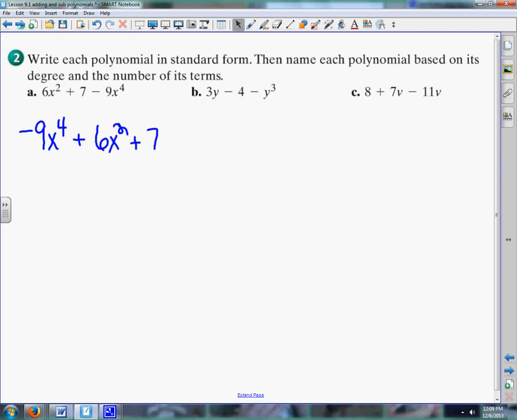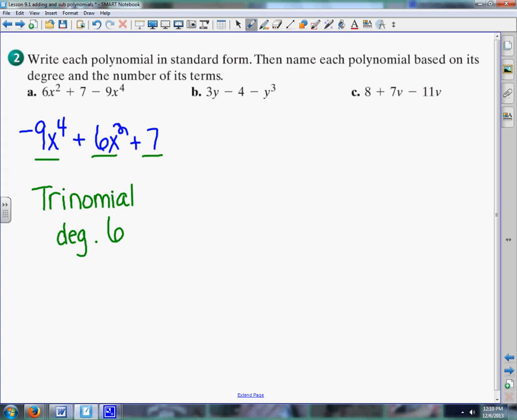Now it says name each polynomial based on its degree and the number of its terms. If I look at this, I have 3 terms. So that is a trinomial with a degree of, now x to the 4th has 4, x to the 2nd has 2, and then 7 has 0. So it would be a degree of 6. So it's a 6-degree trinomial.